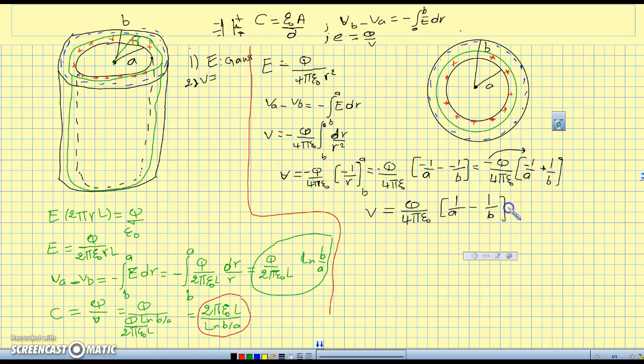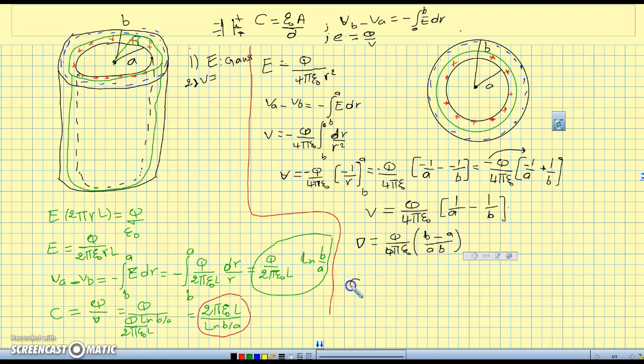Now I can reduce to the same denominator, so V equals Q over 4 pi epsilon 0, and this is B minus A over AB. You see, the idea is to have B minus A be a positive quantity.